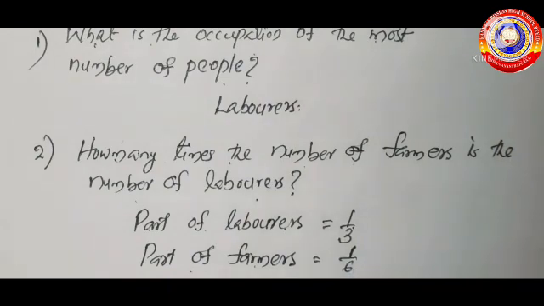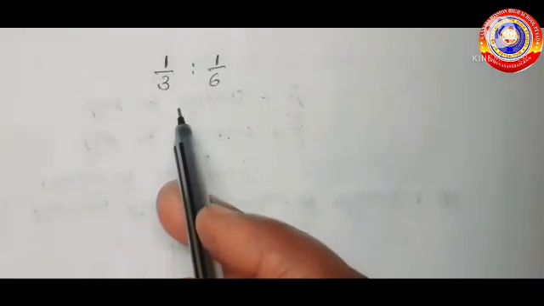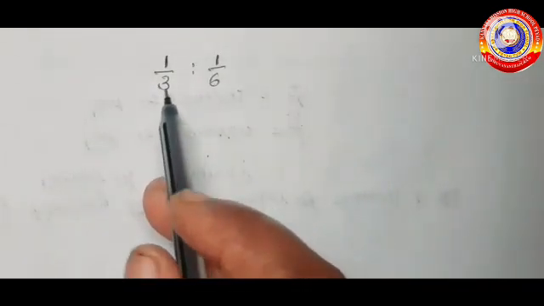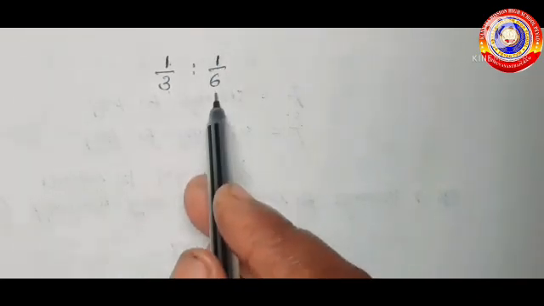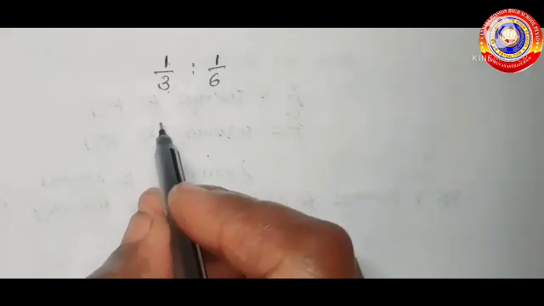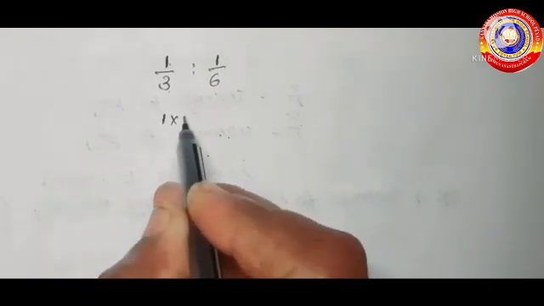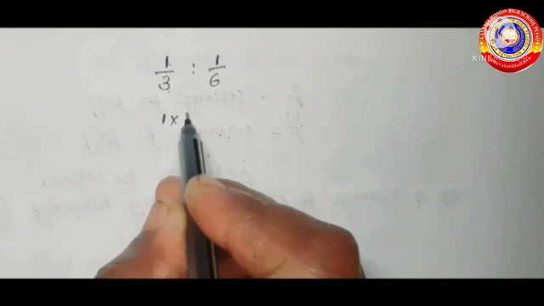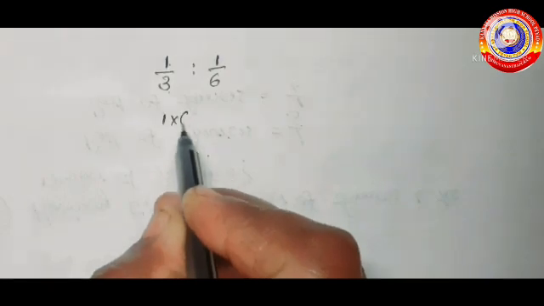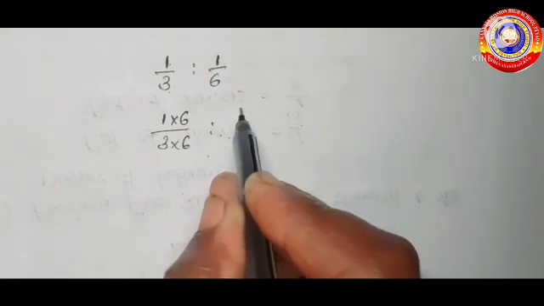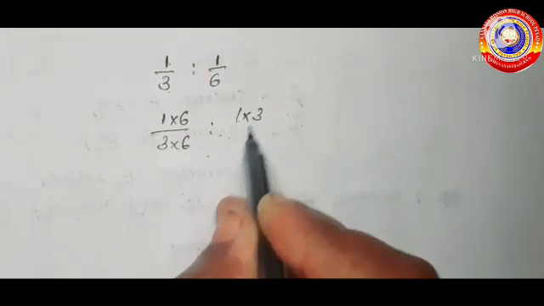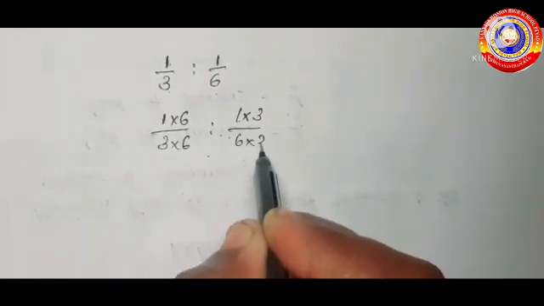That is, part of laborers is equal to 1 by 3. And part of farmers to the whole circle is 1 by 6. Then we have to find out how many times the number of farmers is the number of laborers. For that, we have to find out the ratio of the parts. That is 1 by 3 is to 1 by 6. We convert the denominator into 18. So, 1 by 3 becomes 1 into 6 by 3 into 6. And 1 by 6 becomes 1 into 3 by 6 into 3.